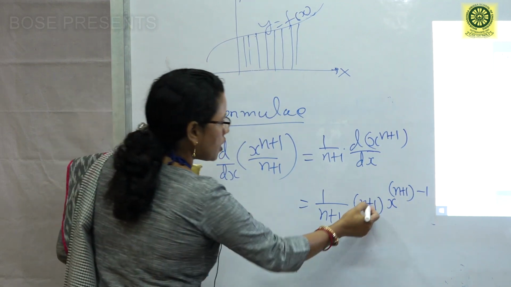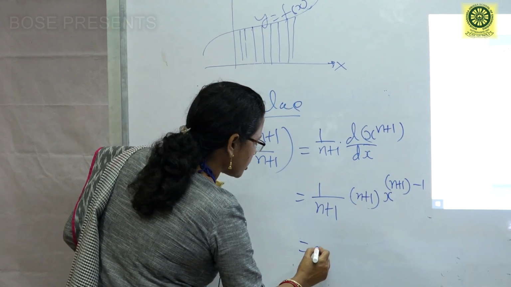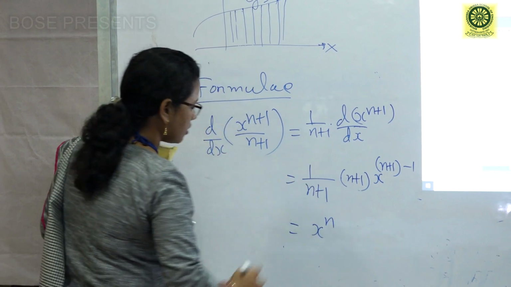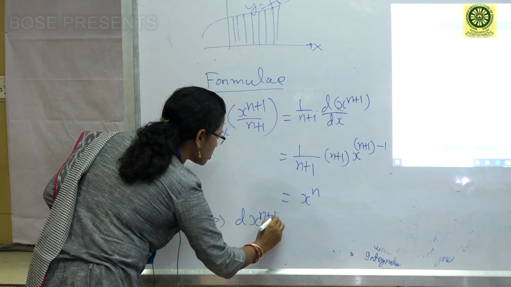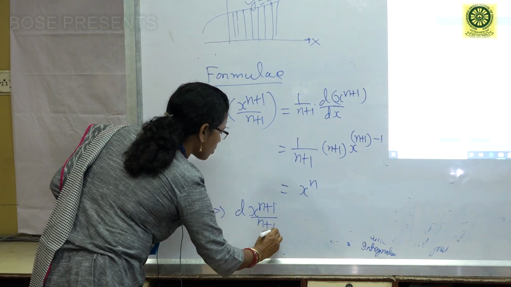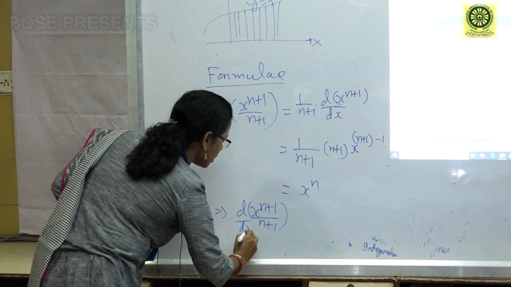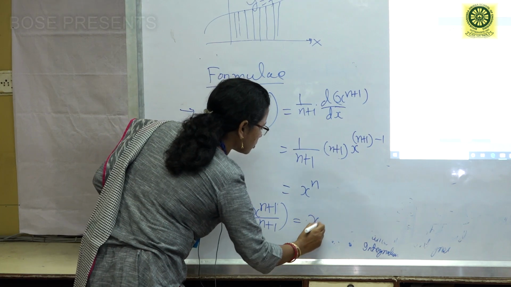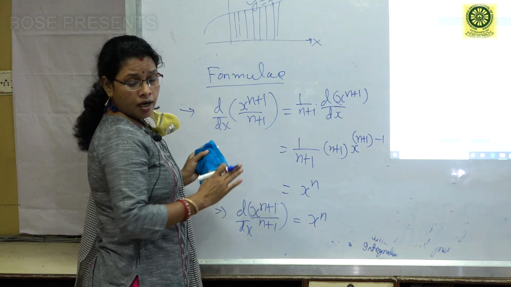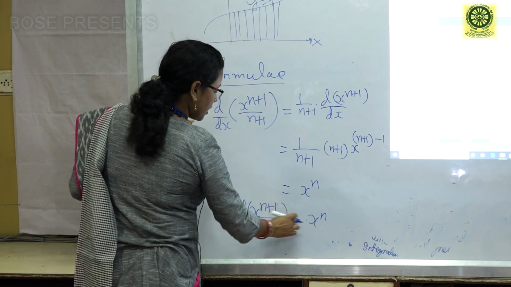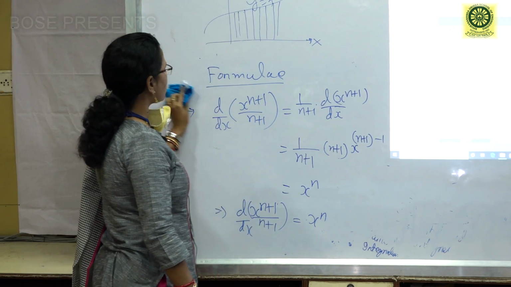These two cancel out. After simplification we get x to the power n. That is, the derivative of x to the power n plus 1 by n plus 1 with respect to x is equal to x to the power n. That implies the integral of x to the power n.